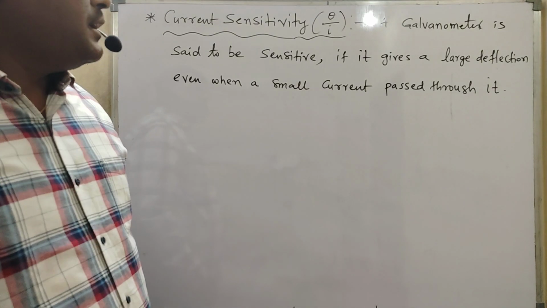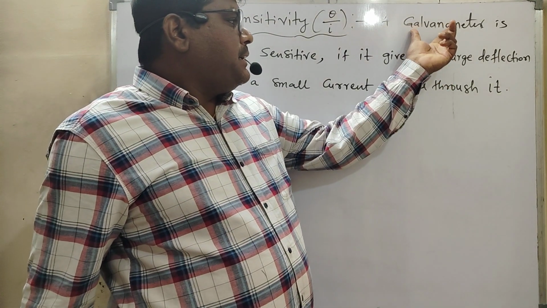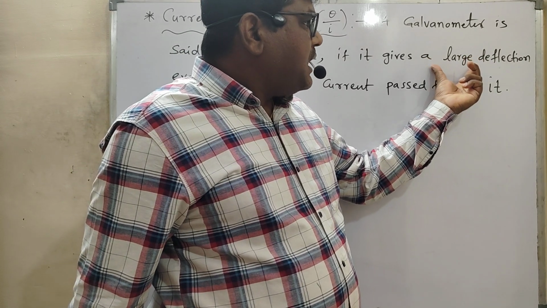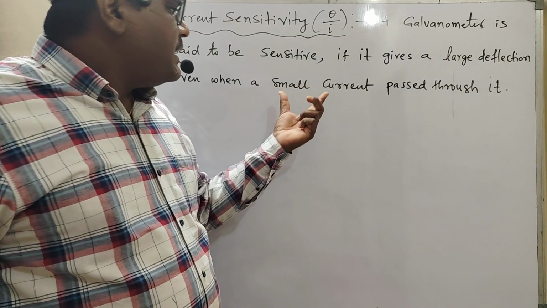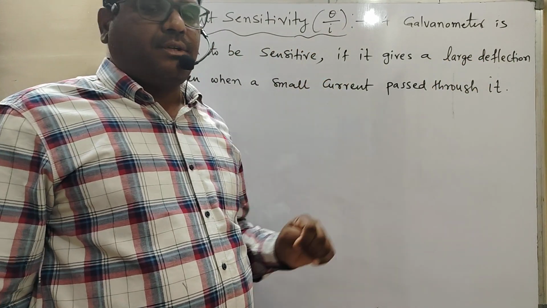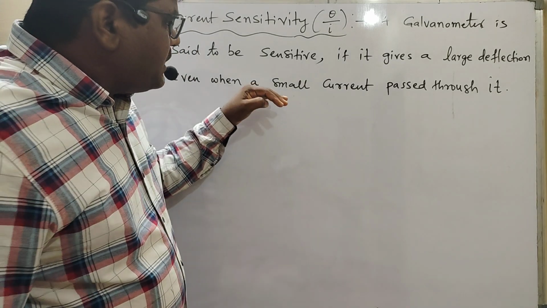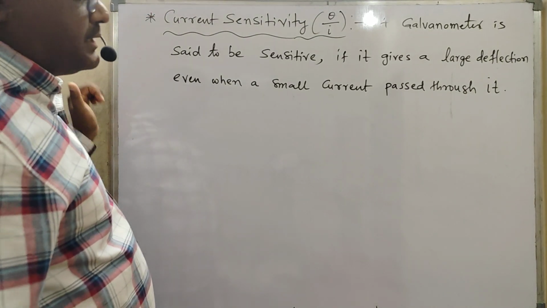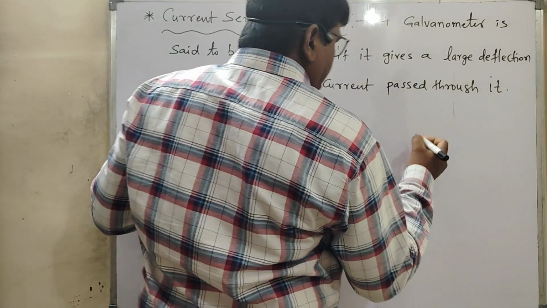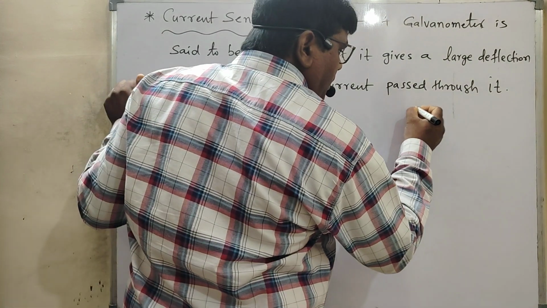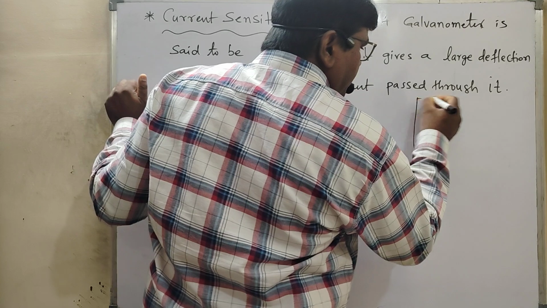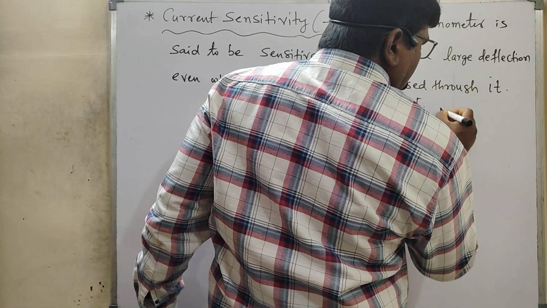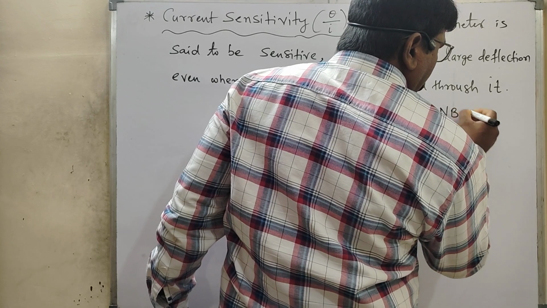Simply, in a galvanometer the coil deflects a large amount when a small current is flowing through it. So this concept is about current sensitivity. How can we write it? Of course, we know the formula of deflecting torque, NBIA.